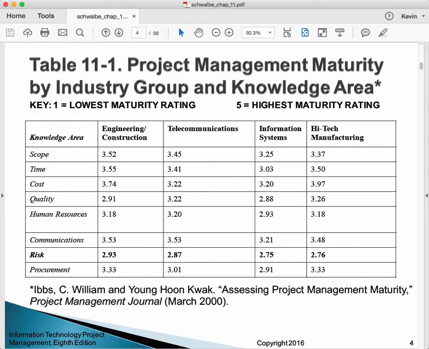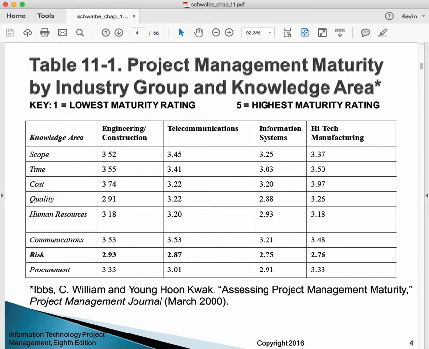Down the rows, we have the knowledge areas. And of course, we have risk. In the cells of the table, we have a maturity rating with 1 being the lowest and 5 being the highest.